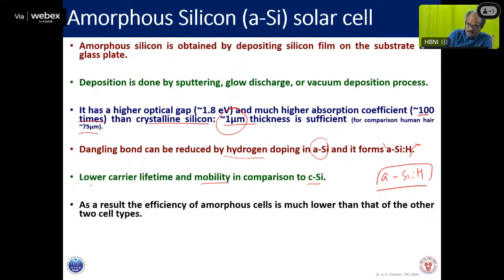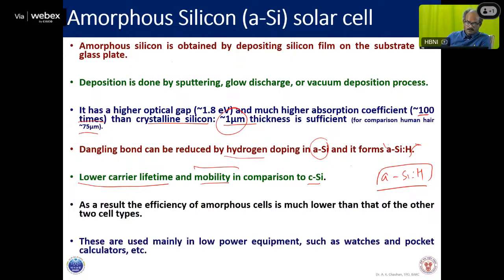So if carrier lifetime is less, that is a disadvantage, and if mobility is less, that is also a disadvantage. As a result, the efficiency of an amorphous solar cell is much lower than that of the other two types of solar cell, but the price is very low. These are used mainly in low power equipment such as watches and pocket calculators.